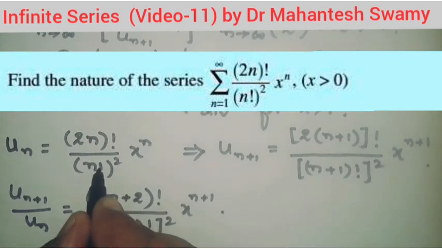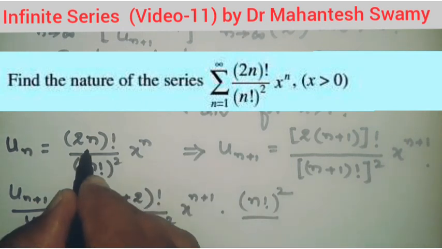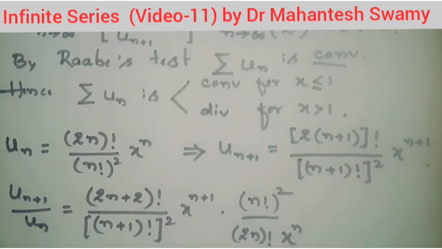Now I am supposed to write un in the denominator, but it is convenient if I write un in the form of reciprocal directly here, that is (n!) whole square divided by (2n)!, x to the power n. It is in the numerator and here it comes to the denominator because un is there in the denominator.